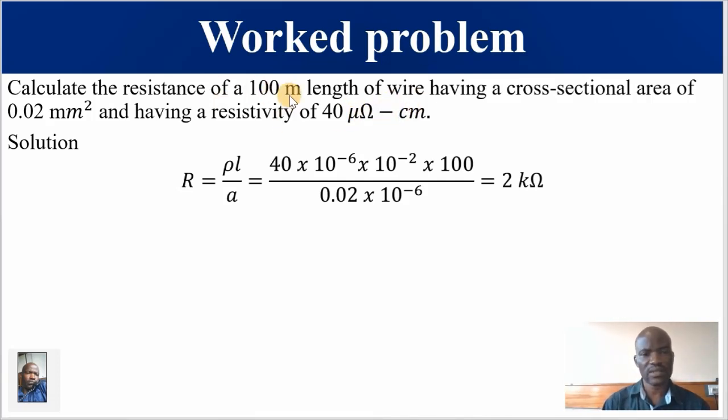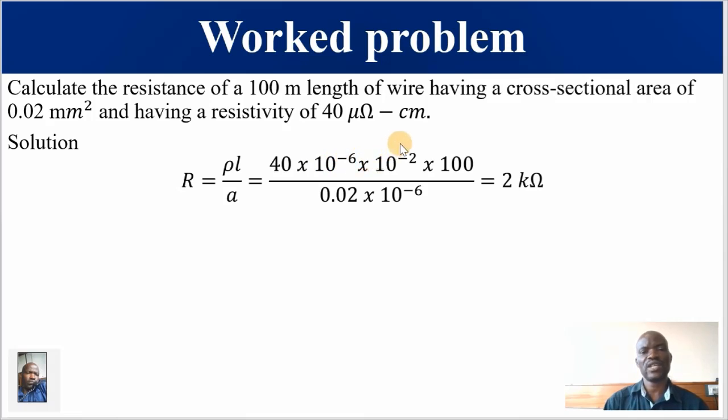Length is in meters, which is fine, and the area also must be converted to square meters, and I've done that in my equation. Guys, first write your formula. Resistance is equal to rho L over A. Then you put the values. 40, it's a micro there. This is 40 micro.